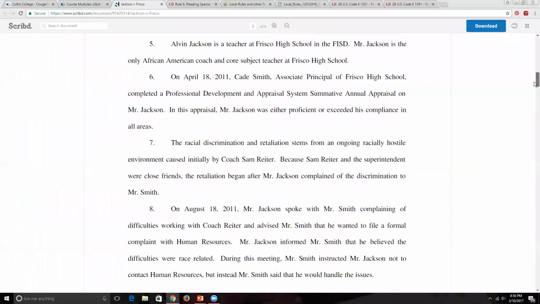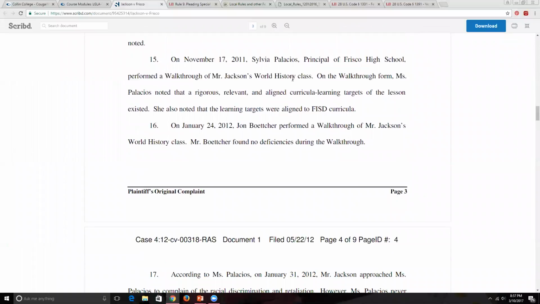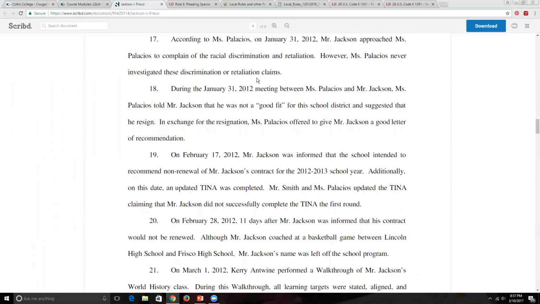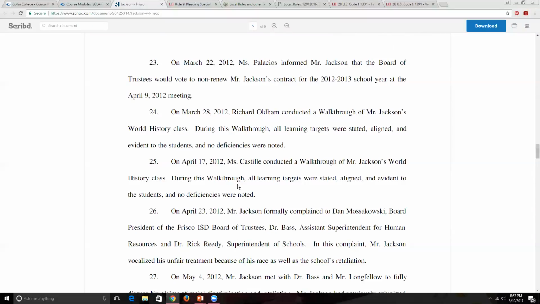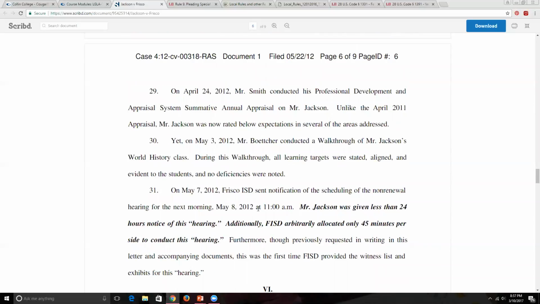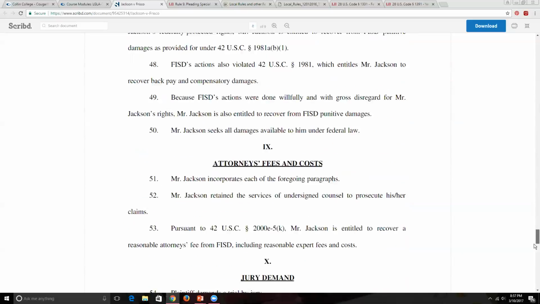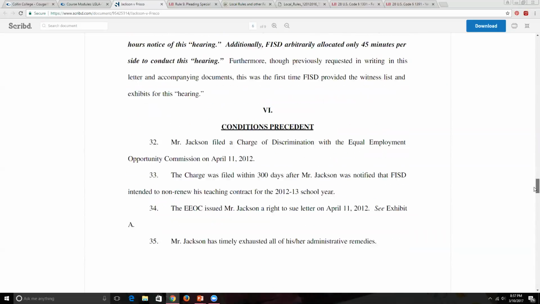You can see that this facts section goes on for 27 paragraphs. The whole document only has 55, so literally it's just one paragraph shy of being half of the document.